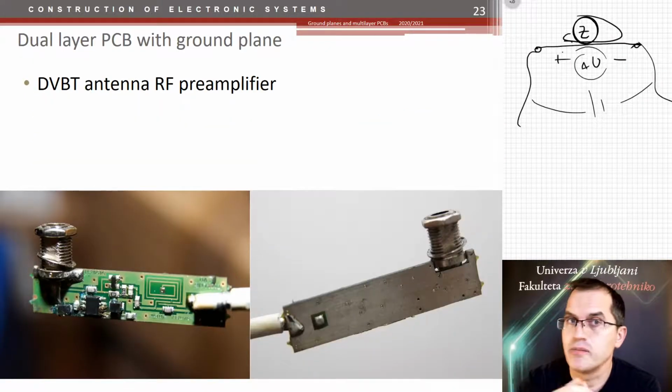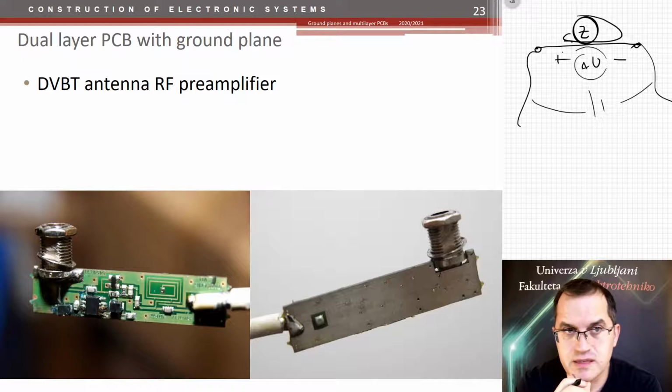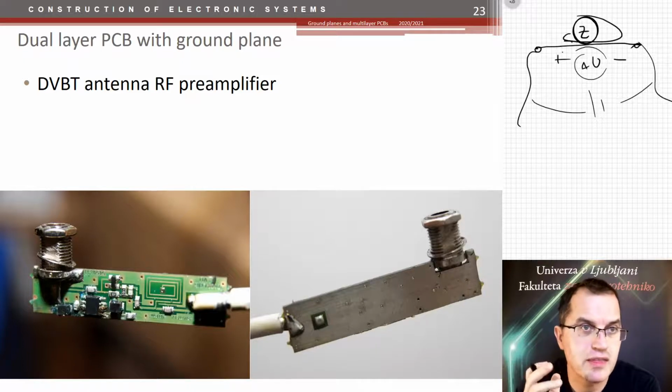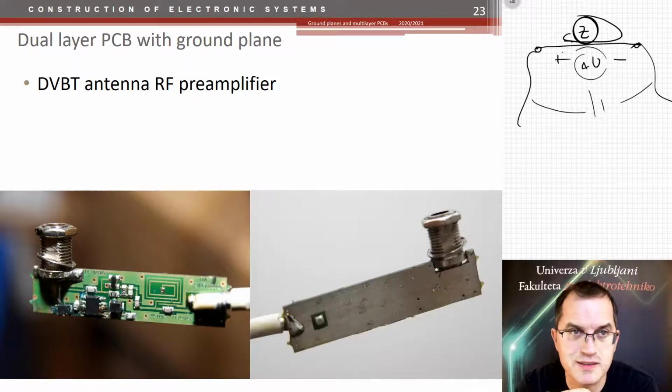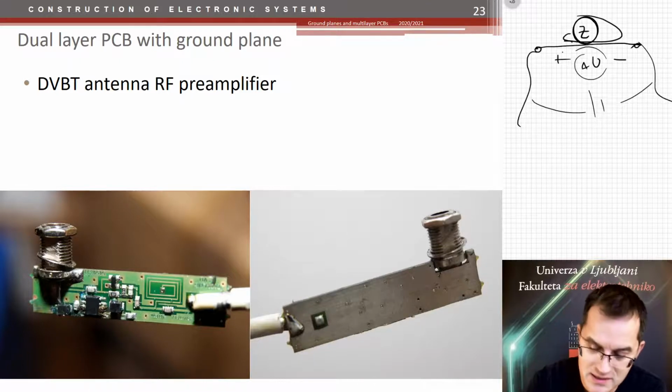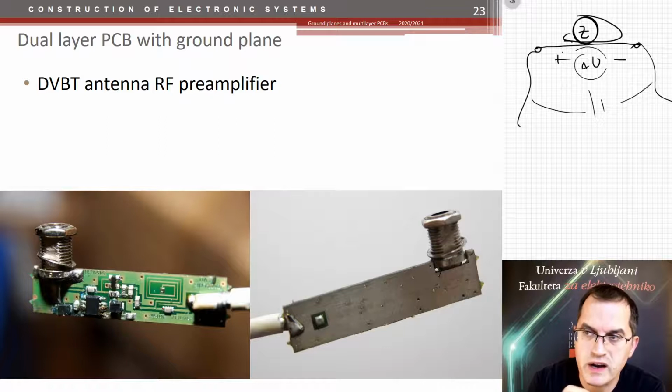You can have ground planes on 2-layer PCBs. You can have it, but then these PCBs should be quite, I would say, simple. This is a simple DVB-T antenna RF amplifier where the main use of the ground plane is to define the electromagnetic properties of these tracks to have a certain impedance.